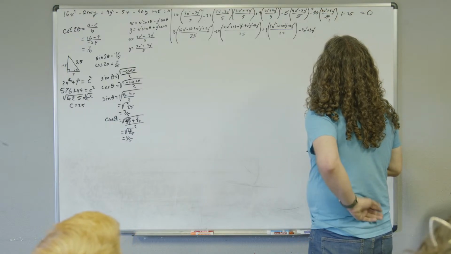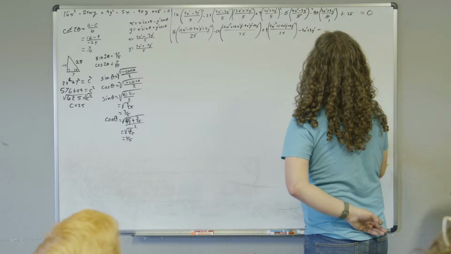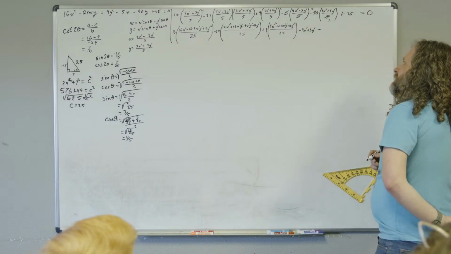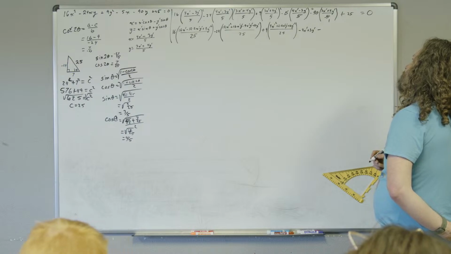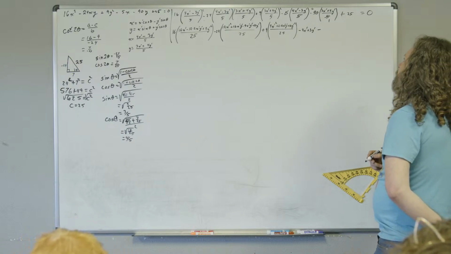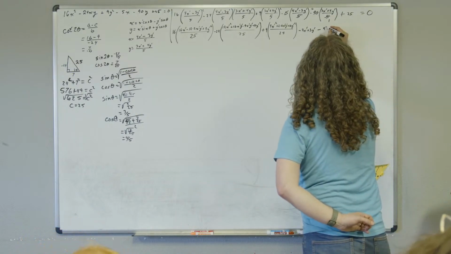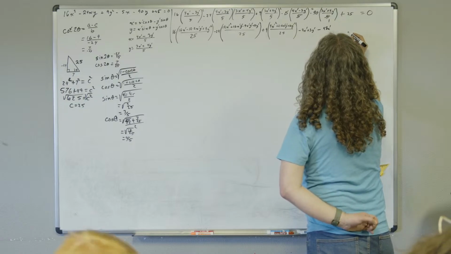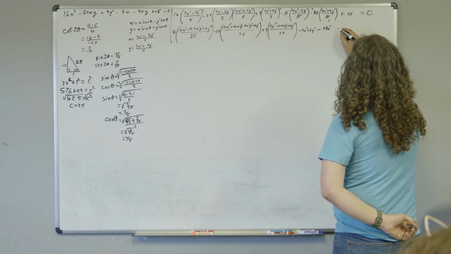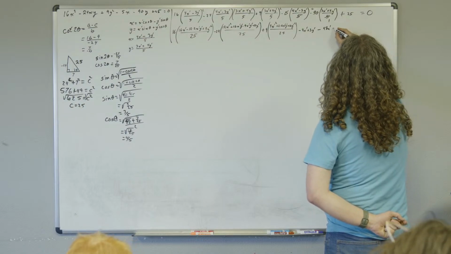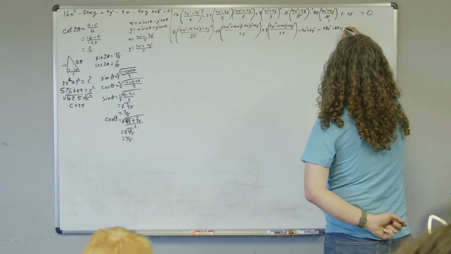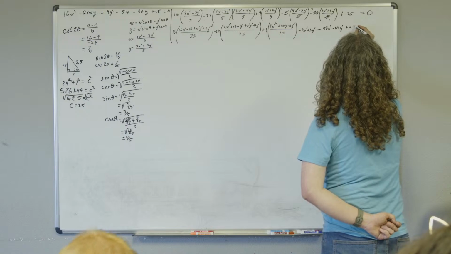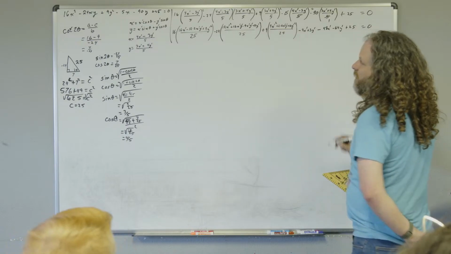Oh, okay. So negative 16 times 3 is negative 48x prime. Negative 16 times 4 would be negative 64y prime plus 25 equals 0.